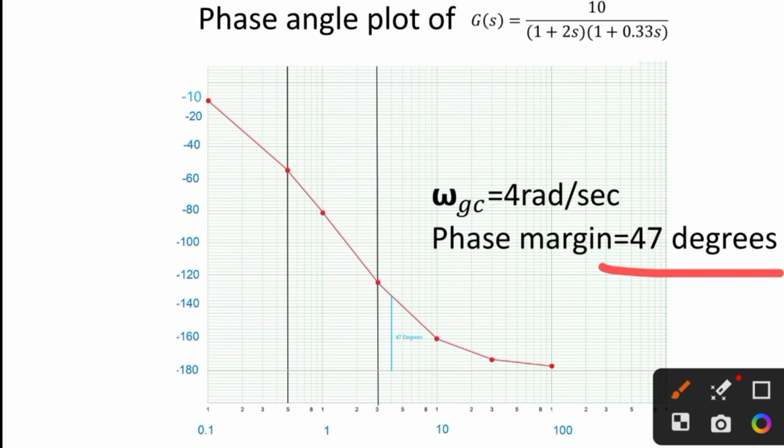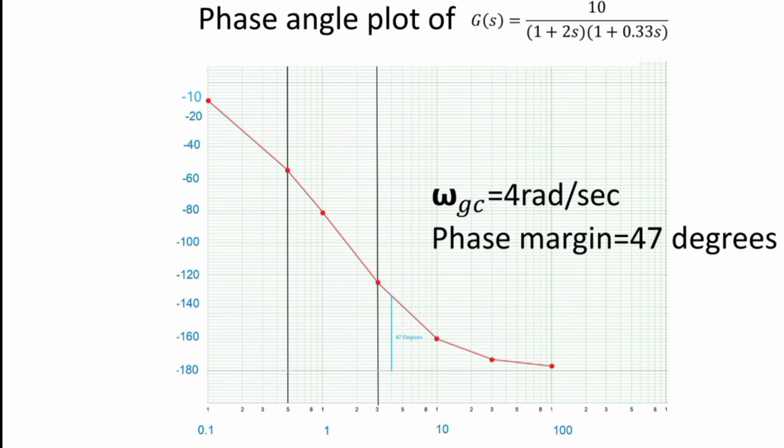Substitute omega equal to 4 radian per second, and you will get the phase margin close to 47 degrees. I hope this video is clear and will be helpful to face the examination, or you can draw your own Bode plot of a given transfer function of a second order system.